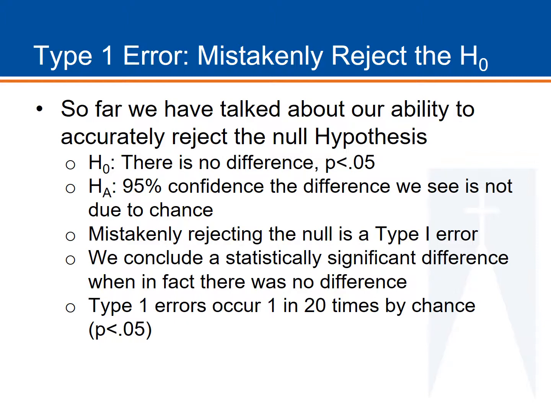And that probability level is set at 0.05. So in reality, we're allowing for the likelihood that 1 in 20 times by chance we will make a type 1 error. In other words, we will say there's a statistically significant difference when in fact there actually is no difference and that 1 in 20 times is entirely by chance.